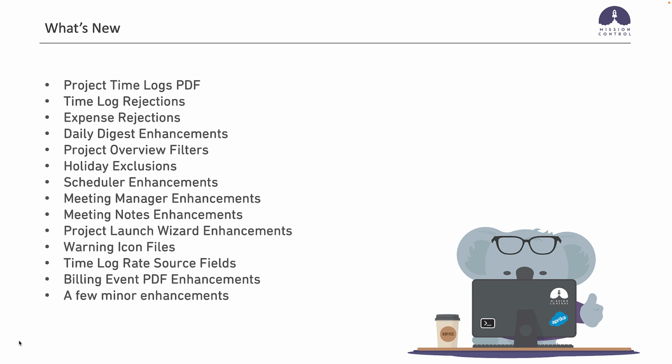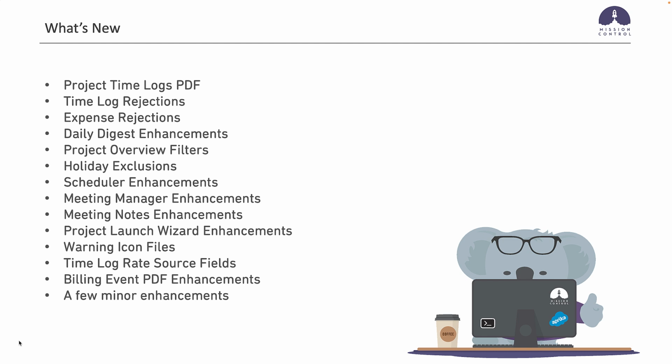project overview page, being able to exclude particular roles from holidays that have been assigned to teams that they're a member of. A number of enhancements to the scheduler, the meeting manager, the meeting notes PDF, as well as the project launch wizard from the launchpad of the Mission Control console.